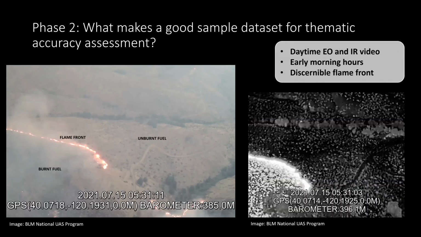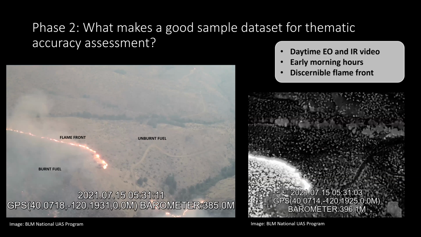And then for thematic accuracy assessment, it's a little bit different because we really do have to use data that was collected on a fire. Because obviously the presence or absence of fire in the grid square data is what we're trying to validate the accuracy of.